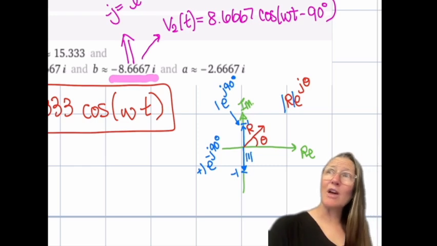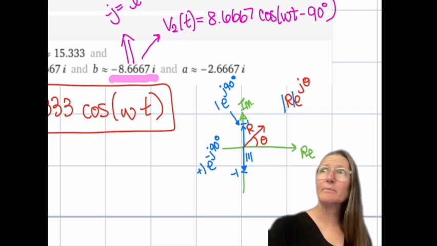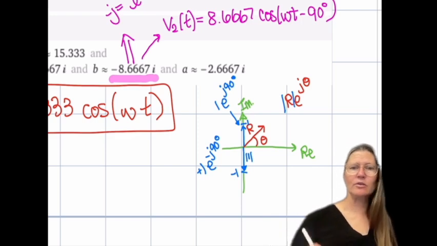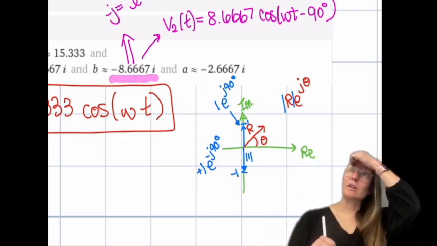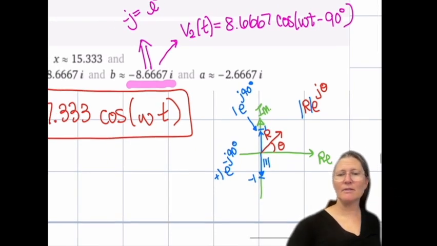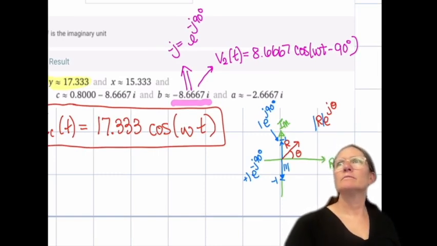So the magnitude of that one is still 1, even though it's going in the negative direction. Does that make sense? Yeah. Okay, so magnitude is still 1, and then the angle is a negative 90. So that one's easier to see visually. Okay.